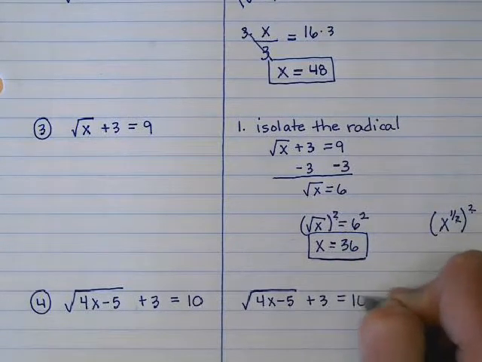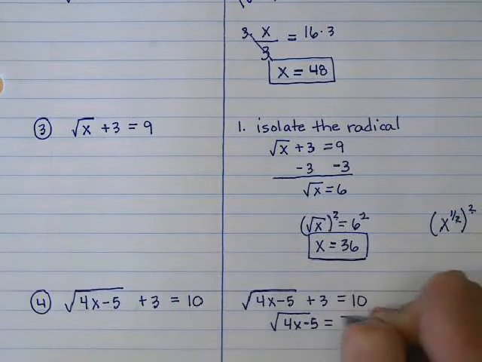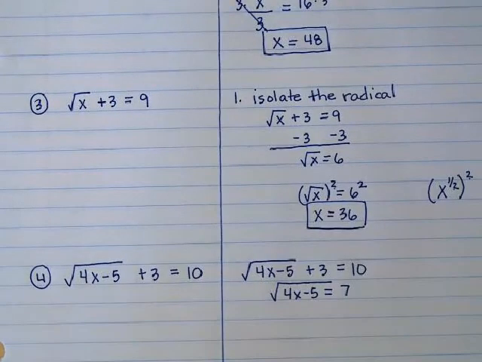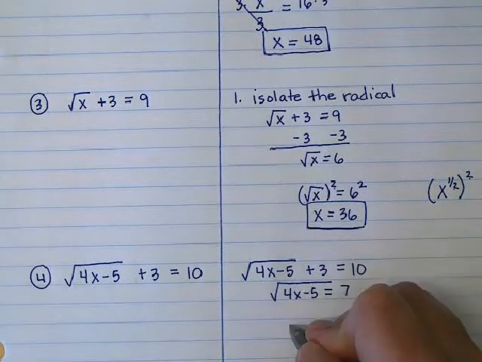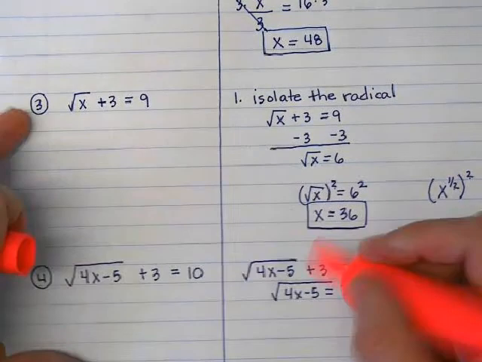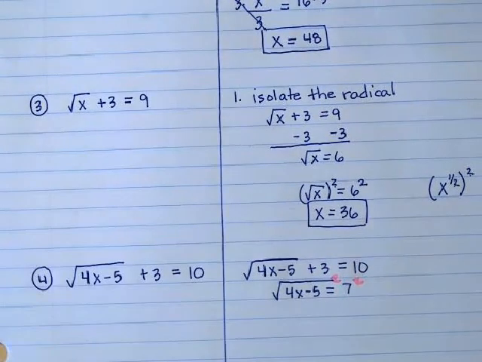Now, you don't have to show me that you went minus 3 minus 3. Okay, now I'm going to square both sides. And I could just leave it right where it's at right here. I could just say I'm going to square this and I'm going to square that.